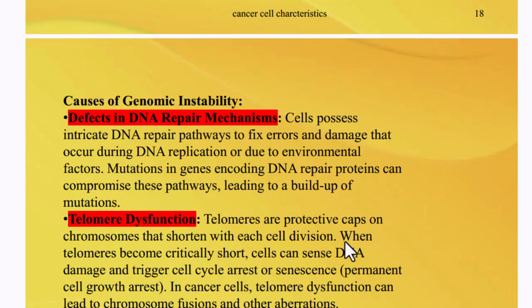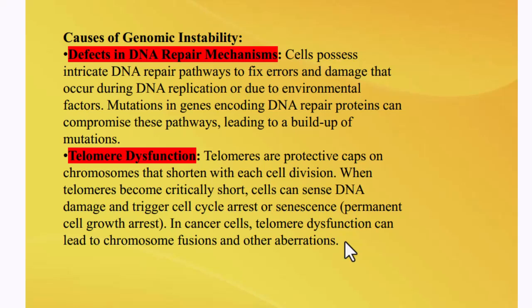What are the causes of genomic instability? Defects in DNA repair mechanisms. Cells possess intricate DNA repair pathways to fix errors and damage that occur during DNA replication or due to environmental factors. Mutation in genes encoding DNA repair proteins can compromise these pathways, leading to a build-up of mutations.